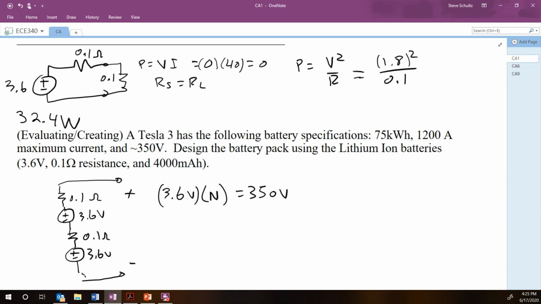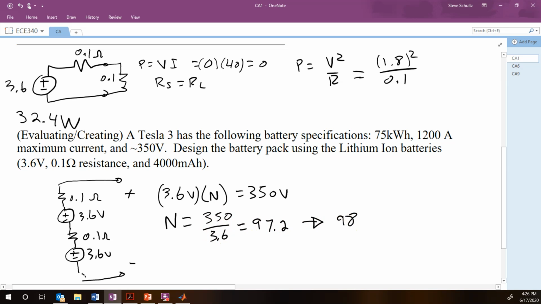So we see that N is equal to 350 over 3.6, which is equal to 97.2. So we're going to use 98 batteries in series.